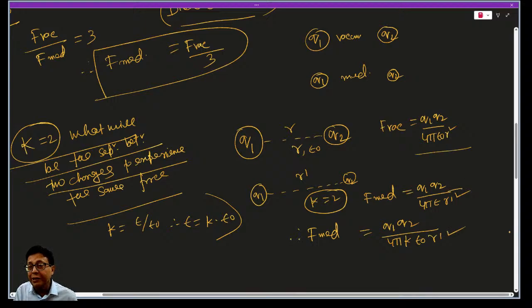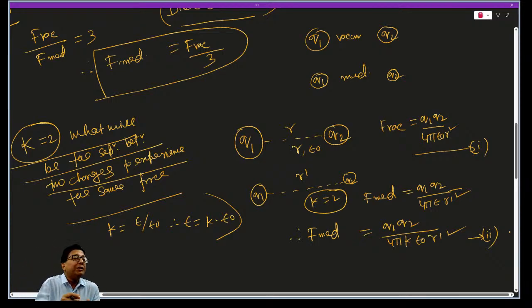I hope you agree. F vacuum is this. F medium is this. The value of K will put. K equal to 2 given. So definitely we have to adjust the distance to experience the same force. How much adjustment is required?